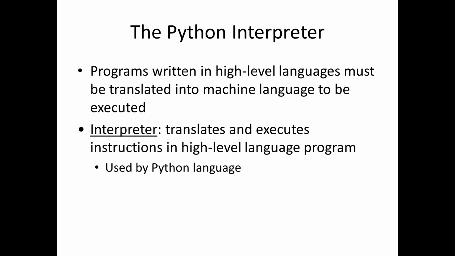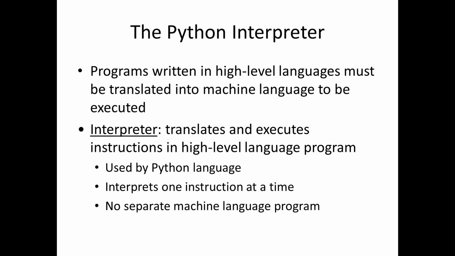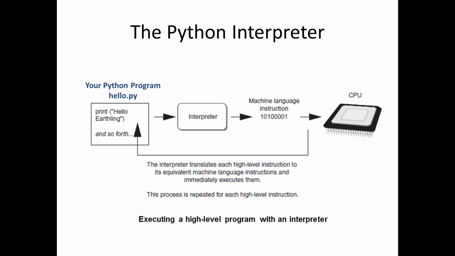So Python is one of the languages that uses an interpreter. Some languages use compilers. Python interprets your instructions one at a time. We don't have a separate machine language program that's running using Python like you might see in some programs that are compiled, but for now just know that an interpreter is translating and executing your instructions.